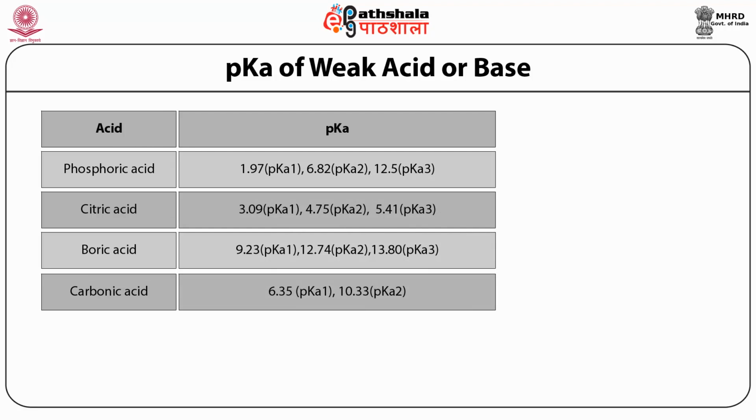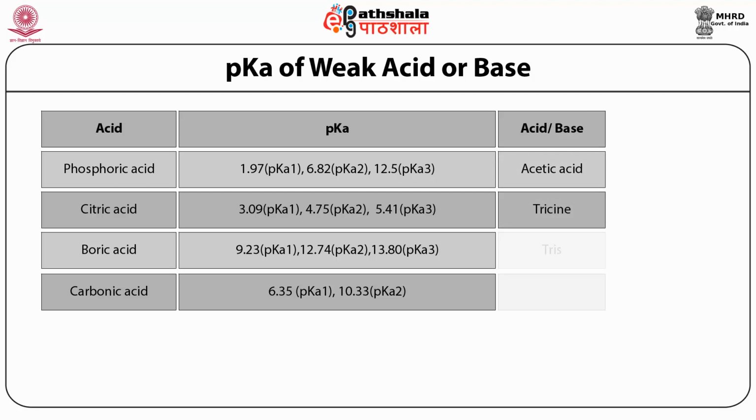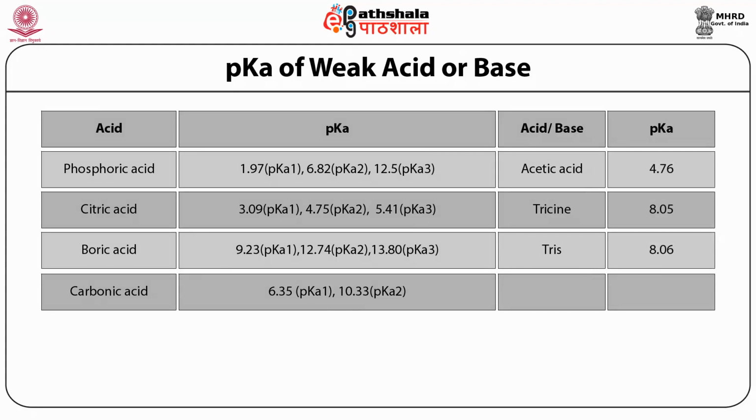On the other hand, an acid like acetic acid, or a base like tricine or Tris, has only 1 pK value. So it is essential, when we want to know the extent of dissociation, to be careful about which pK value is to be used in the Henderson-Hasselbalch equation.